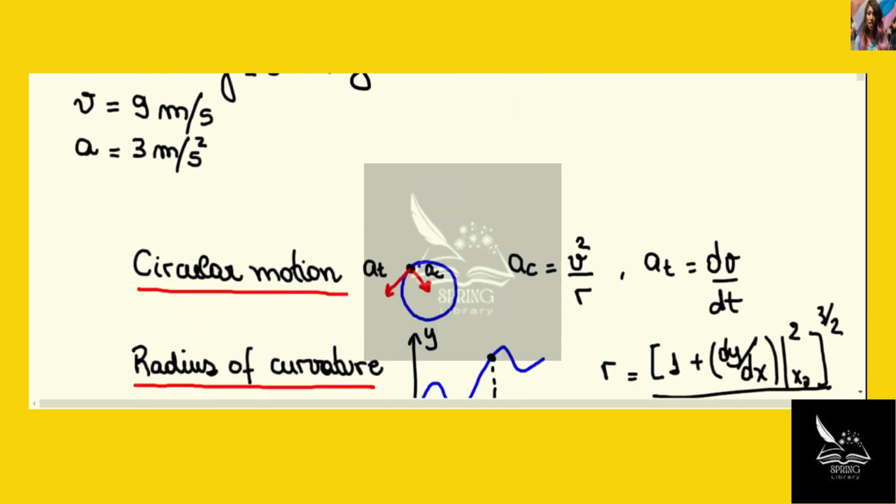In order to find these things, I'm going to draw here a free body diagram. Here we have the car. This rectangle represents the car. And the forces that act on the car are the gravitational force that acts downwards, also the normal force, and the frictional force.